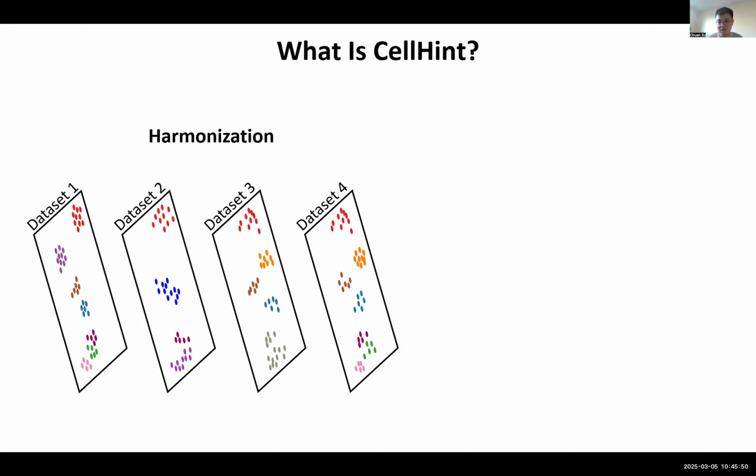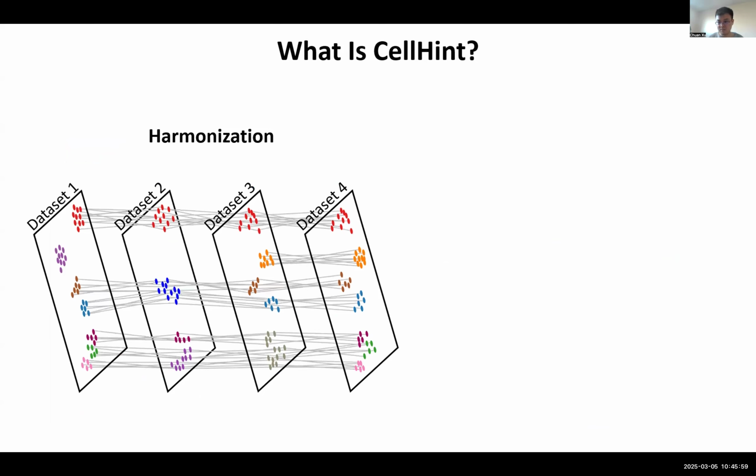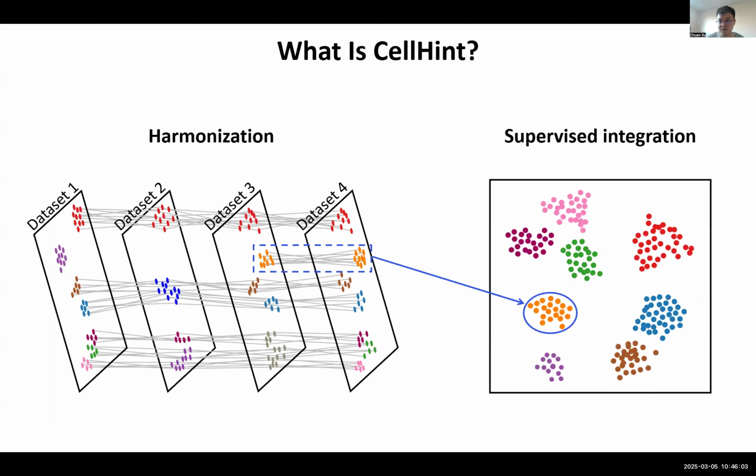Specifically, CellHint has 2 main functionalities. The first is harmonization, meaning that we try to establish links between cell types of different datasets. And the second functionality is supervised integration, meaning that we try to place the same cell types obtained from the harmonization step into a unified representation.